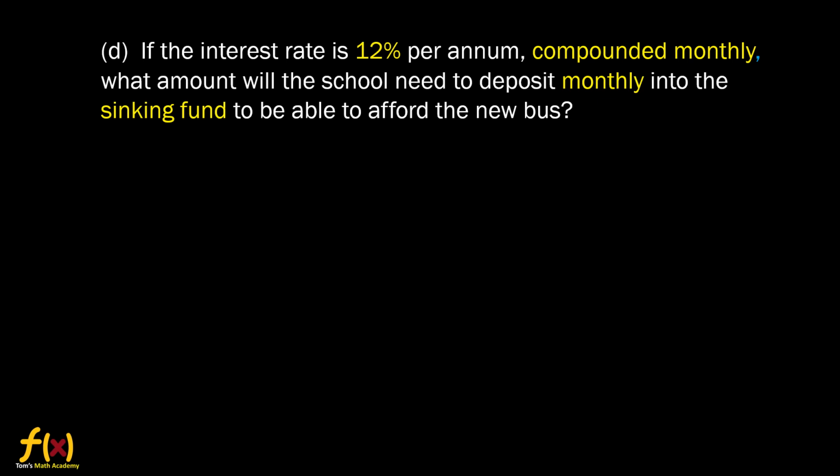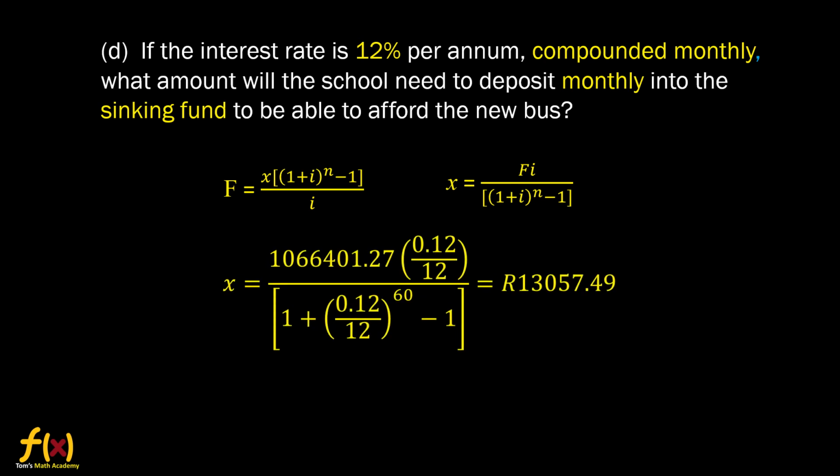So we are going to calculate the monthly installment. Okay, we use the future value formula and solve for X. Substitute into the formula. X is equal to, what is the other number? That is our F. F is equal to 1 million something.